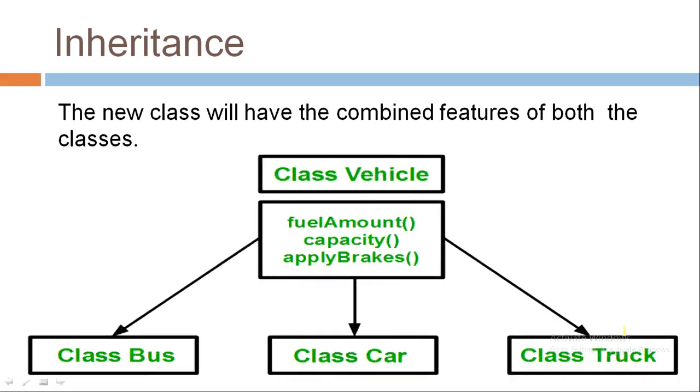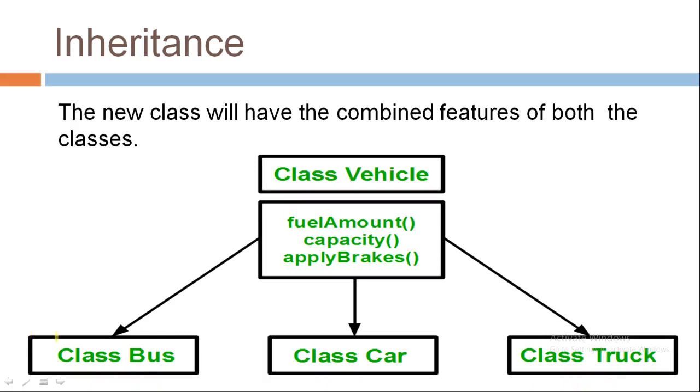From the example here, in inheritance, we can see the main class is class vehicle, which has three behavioral functions: fuel amount, capacity and apply brakes. While it has three subclasses: class bus, class car and class truck.